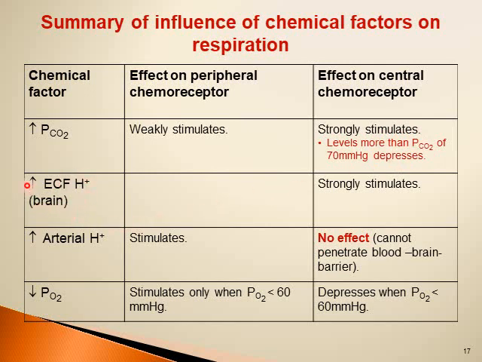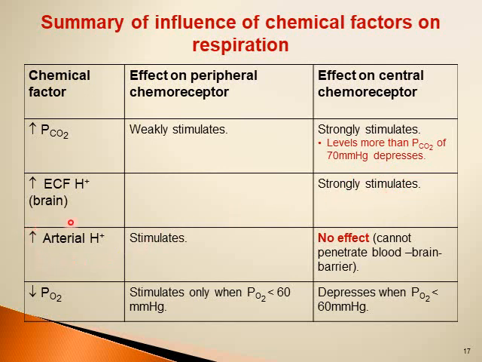An increase in the hydrogen in the CSF or the extracellular fluid of the brain has no effect on the peripheral chemoreceptors because this hydrogen is present in the CSF and cannot cross the blood-brain barrier to the blood. This high hydrogen in the CSF will strongly stimulate the central chemoreceptors, and this in turn will stimulate ventilation.